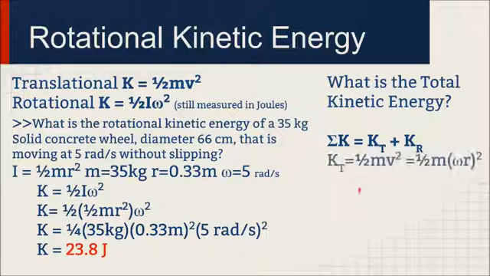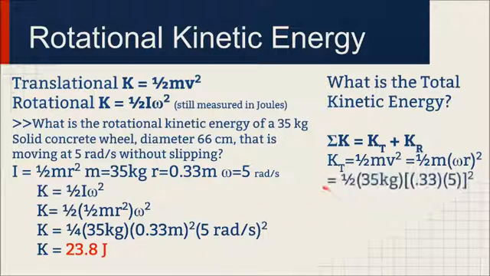So that's going to be 1/2 mv squared. And if you remember from rotational kinematics, v is omega r. So we're going to take 1/2 m omega squared r squared. Almost looks like that, except this looks like it's going to be half of that. So we put the values in. 1/2 35, 0.33 times 5 squared.